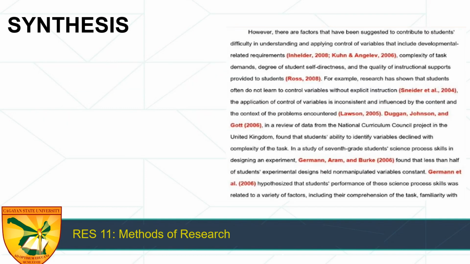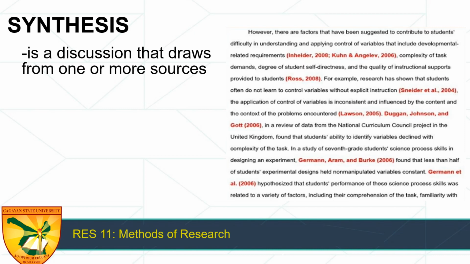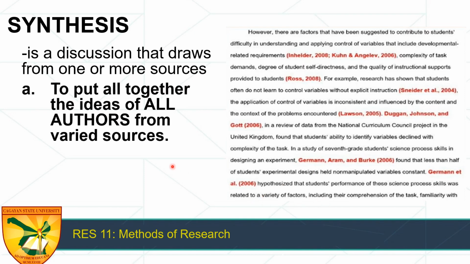So what is a synthesis, and what is our main goal of writing a synthesis? A synthesis is a discussion that draws from one or more sources. Obviously, in the examples, all in red, you see several authors in one paragraph. You put together the ideas of all authors from varied sources.